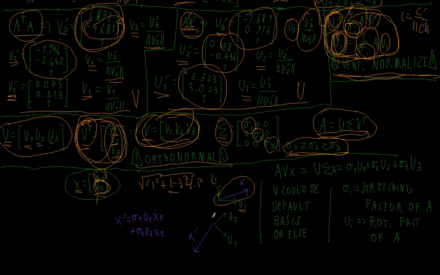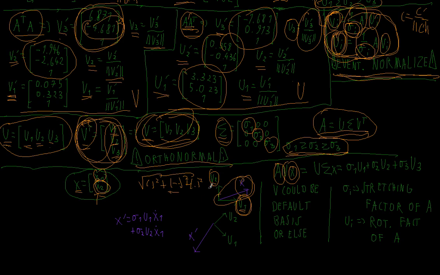Basically, the singular value decomposition tells us that if we have our vector x expressed in some basis v, with v sub 1 and v sub 2, and now we apply our matrix A to it, our matrix A does two things. It rotates the vector x and it stretches it.